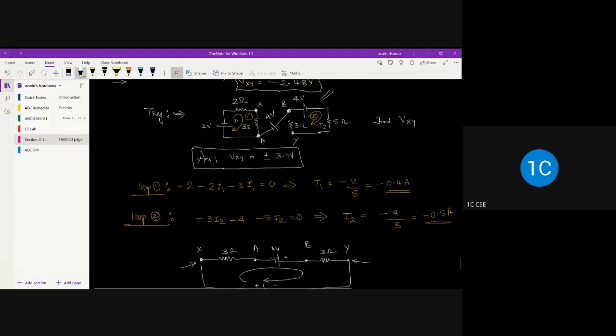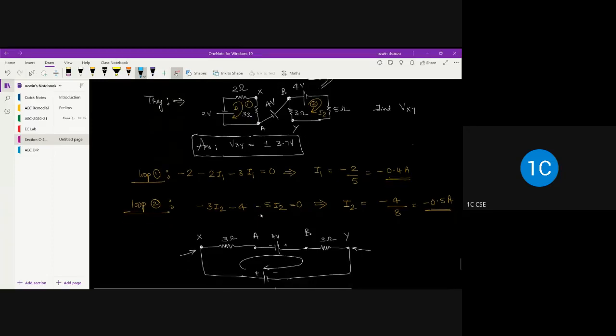In the meantime, you had assumed the current directions in the beginning to find out I1 and I2. So try to place those currents. See, this I1 is flowing from X to Y, so X to A. So put the current direction something like this, and on top of it, you write I1.